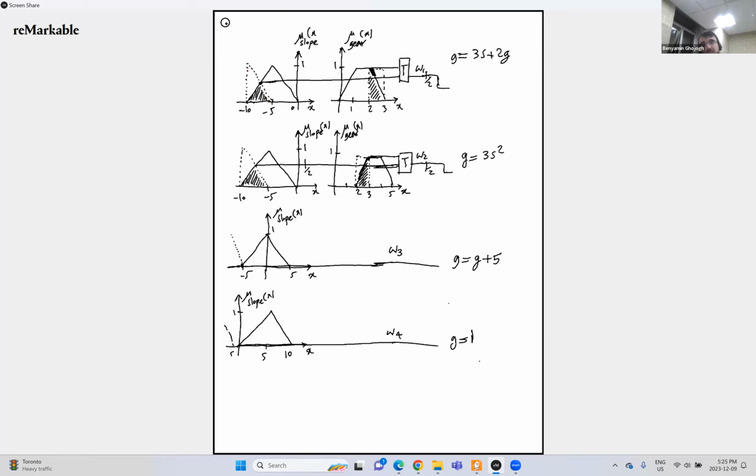So maybe my crisp slope was minus 10. So its fuzzified membership function was like this. Also my fuzzified gear was this. Maybe its crisp was 2.5. So now, as a result, G1 becomes, so this is G1, G2, G3.